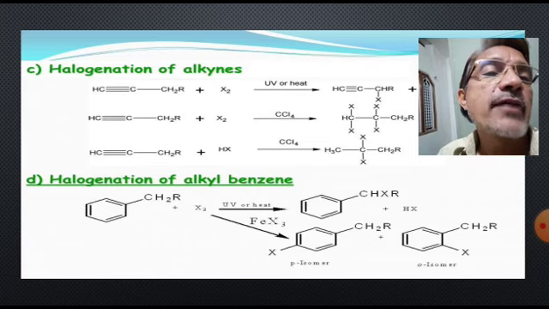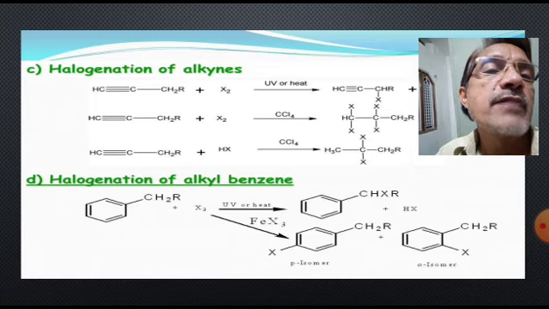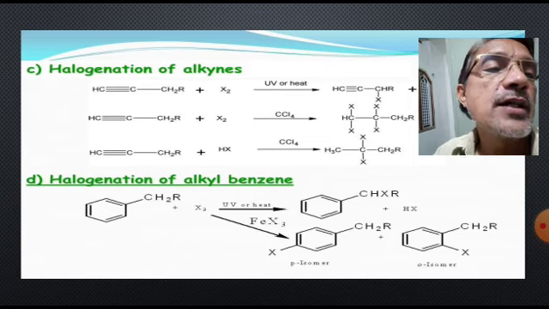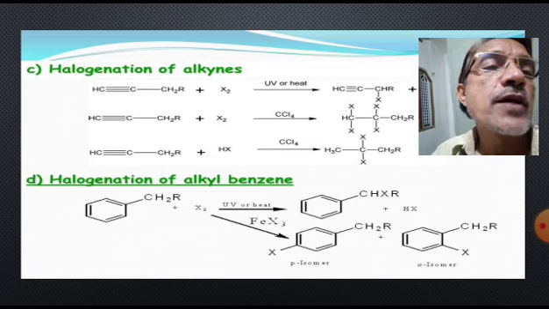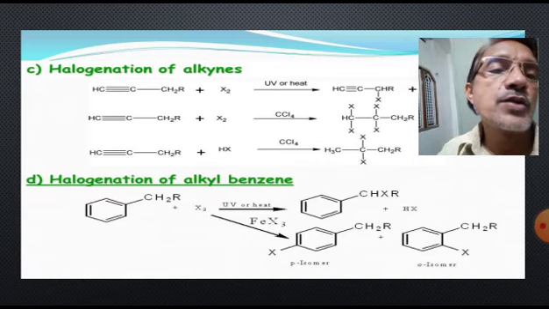The presence of iron trihalide gives the para-isomer and ortho-isomer. When alkyl benzene reacts with halogen in the presence of FeX3, that is iron trihalide, it gives ortho and para isomers.